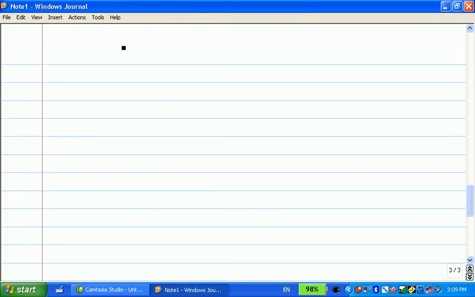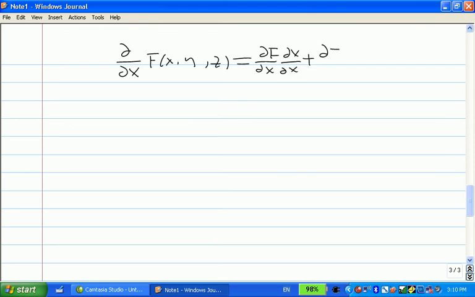Now let's find what this is. Use the chain rule. This gives you partial f partial x, partial x partial x, plus partial f with respect to y, then partial y with respect to x, plus partial f with respect to z, then partial z with respect to x.